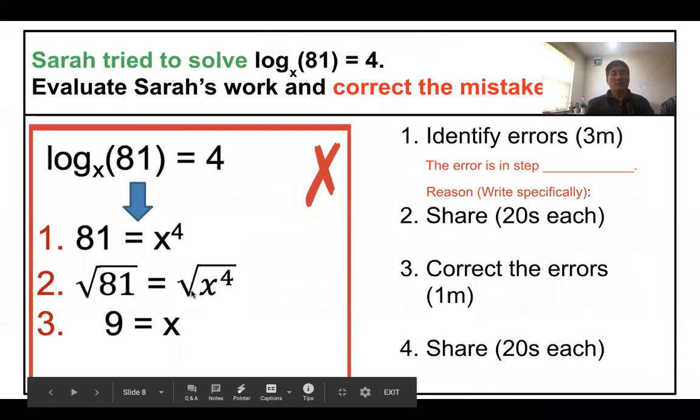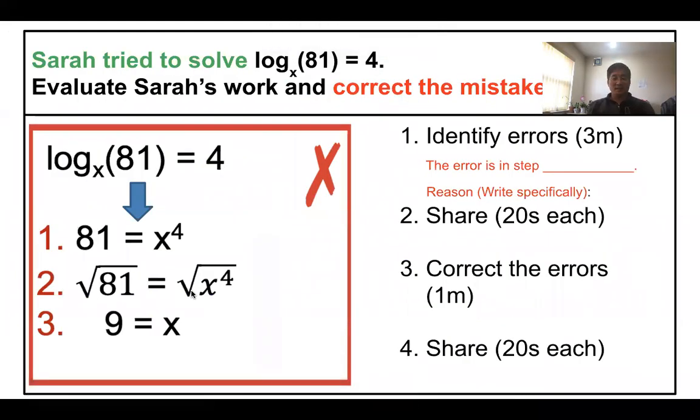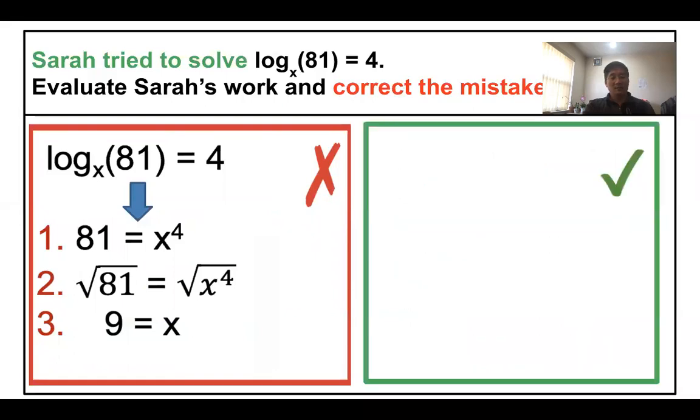Now let's do the error analysis. Can you think about it? How to solve for x? Again, the variable x is in the base. Can you see what's wrong? Can you identify the error here? 81 equals x to the fourth power.